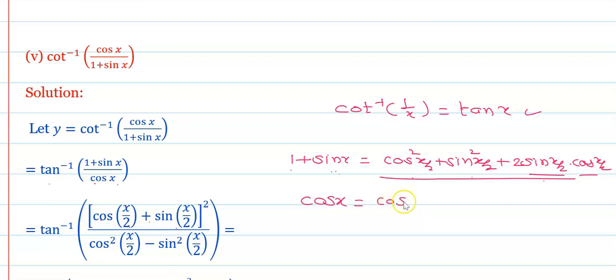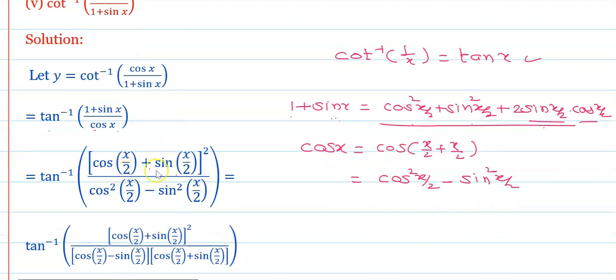What about cos of a plus b? Cos a into cos b minus sin a into sin b. Here both angles are the same, and hence you will get cos square x by 2 minus sin square x by 2.